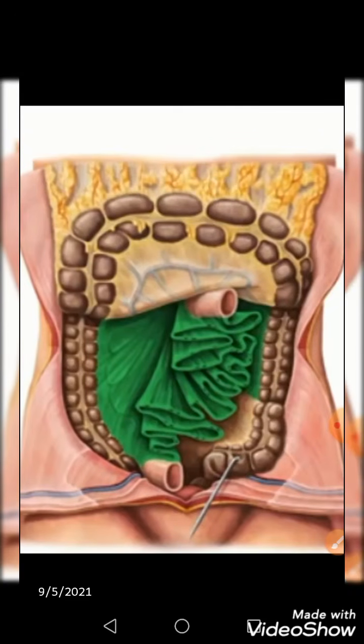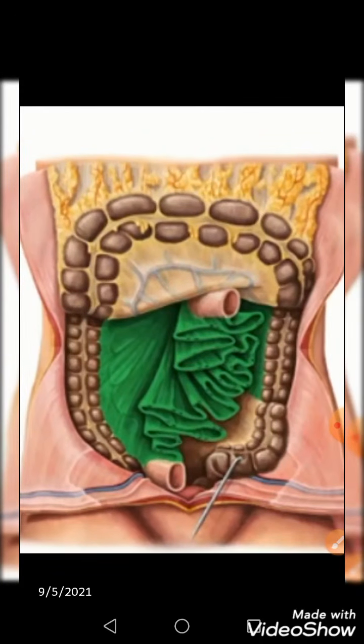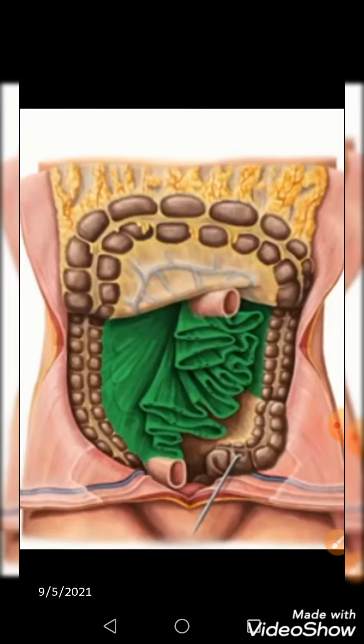And the contents we observe here could be the superior mesenteric artery through its branches, right? And definitely the veins side by side, and we can expect the autonomic nerve plexus and lymphatics or lacteals inside lymph nodes, and fat, of course, right?